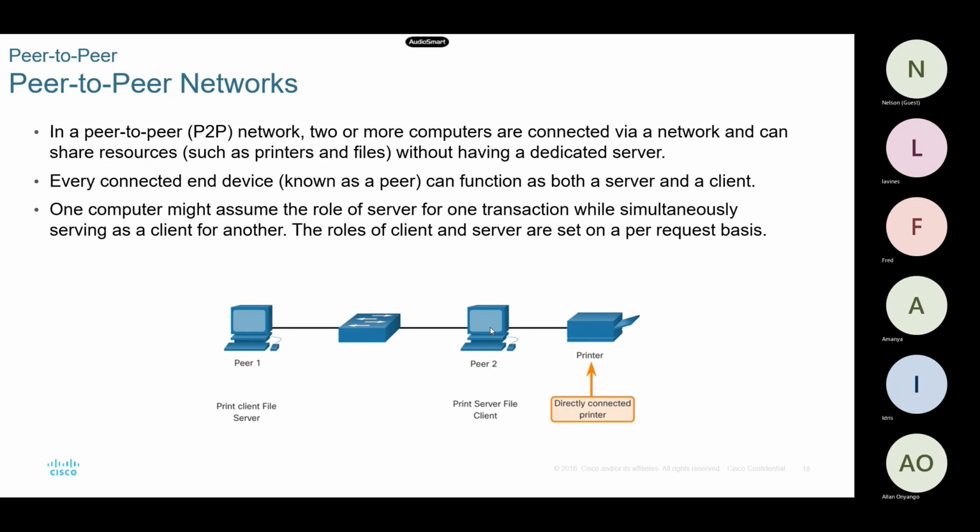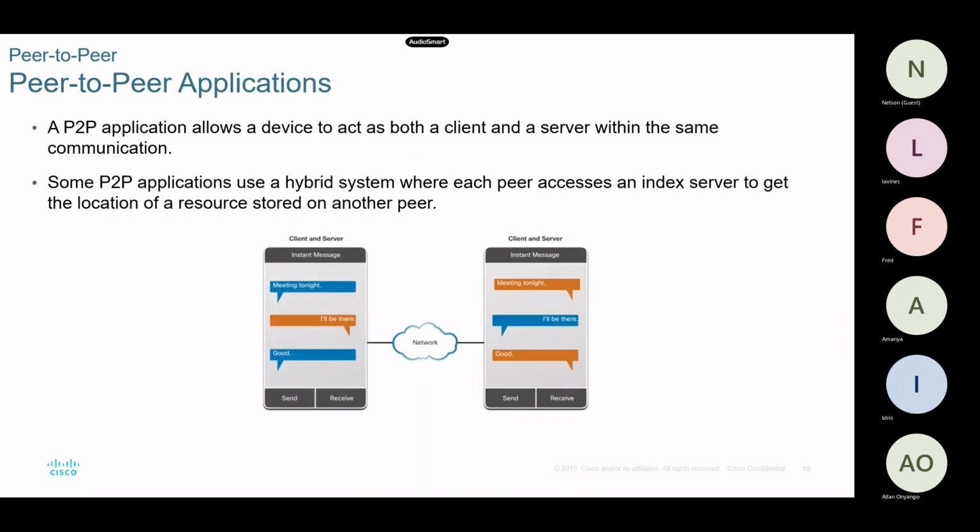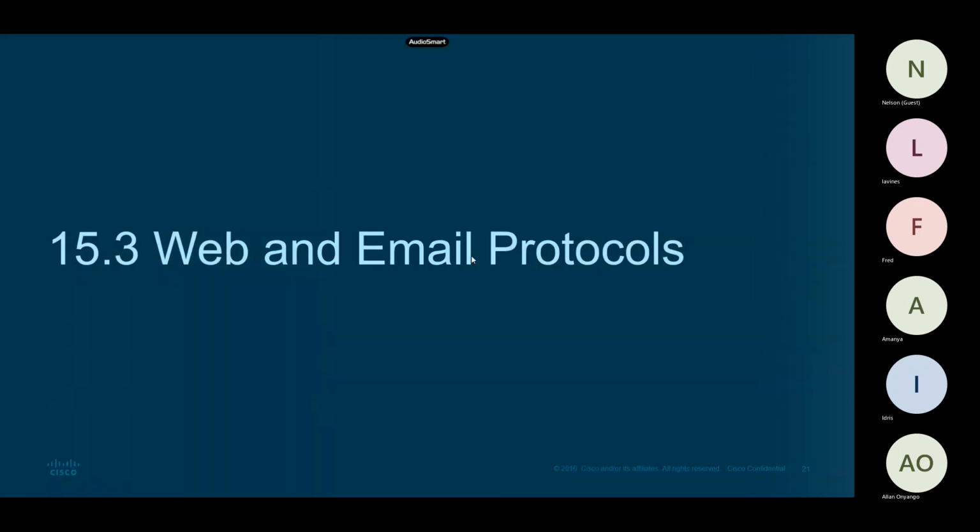This is an example of a peer-to-peer network. We also have peer-to-peer applications. WhatsApp is a very good example. We exchange messages over WhatsApp and Telegram, and there are so many more.